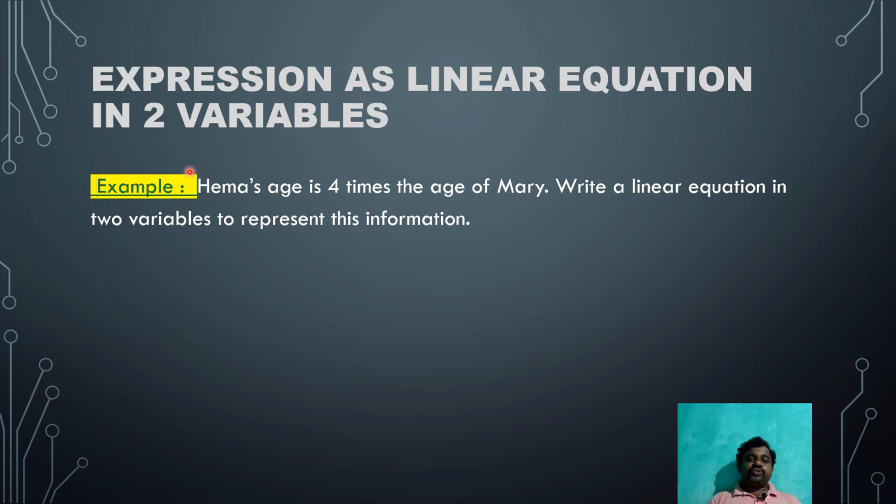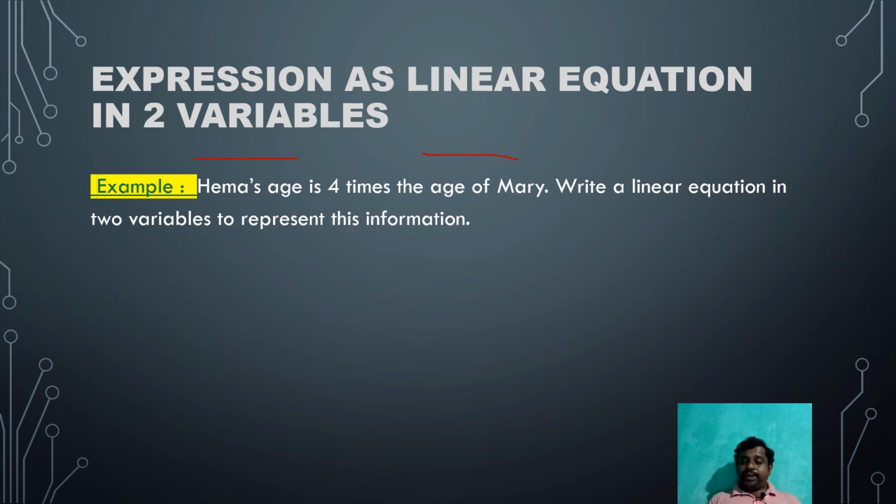First identify what the variables are: Hama's age and Mary's age. These are variables, that means unknown quantities. The ages of Hama and Mary are unknown quantities.